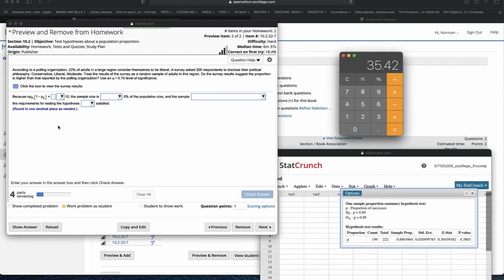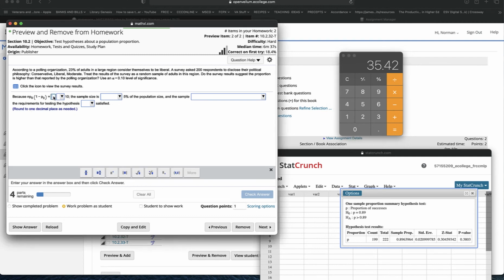So we get 35, so round to 1, so this equals, got to get the right numbers here, 35.4, and this is greater than 10, so the sample size is less than 5% of the population size and can be reasonably assumed to be random, and these are satisfied.